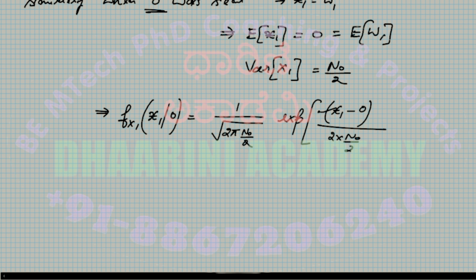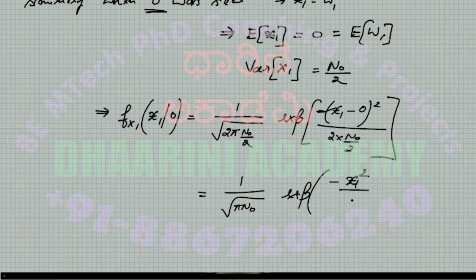So this is equal to 1 divided by root of pi N0, into exponential of minus x1 square divided by N0. Call this equation number 3.